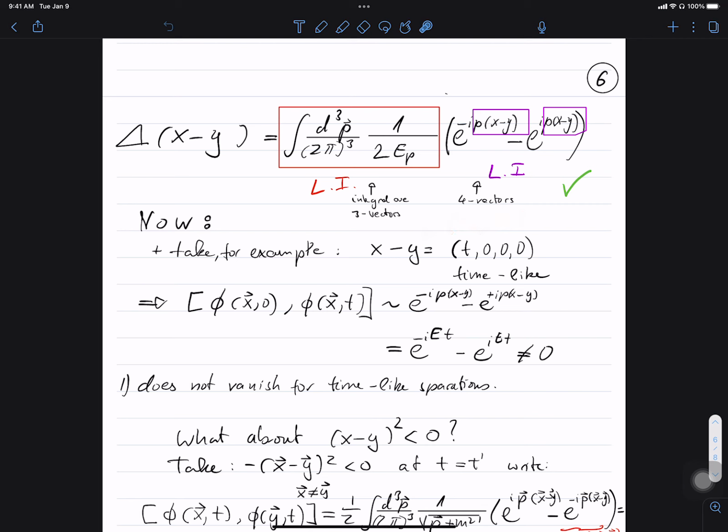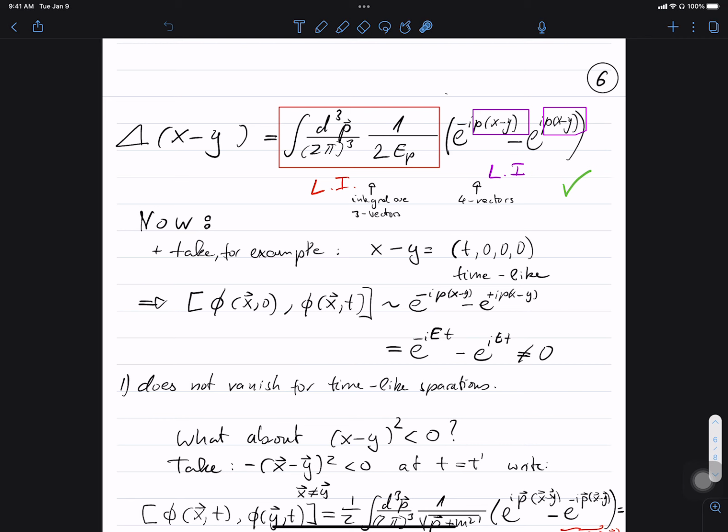So that's why the difference is just t, 0, 0, 0. Now, if we do that, putting it in this expression, the argument here, the difference of the exponentials, just collapses to e to the minus iEt minus e to the iEt. So this is a combination which doesn't vanish in general.